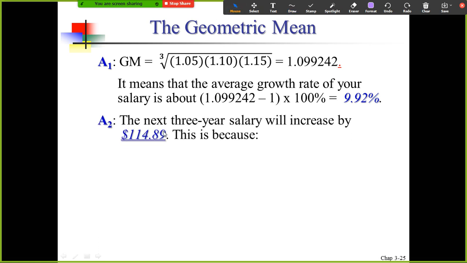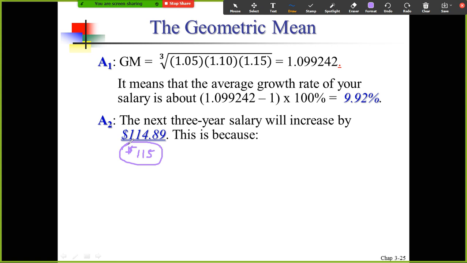Number 2, over the next 3 years our salary will increase by 114.89, or roughly speaking 115. Okay, we just round it up to 115.